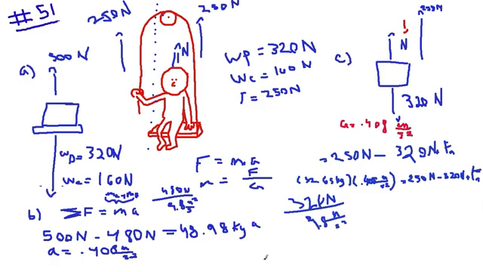We solve for this and rearrange to say Fn is equal to 32.65 times 0.408, which is about 13.3212, then plus 320 newtons minus 250 newtons.